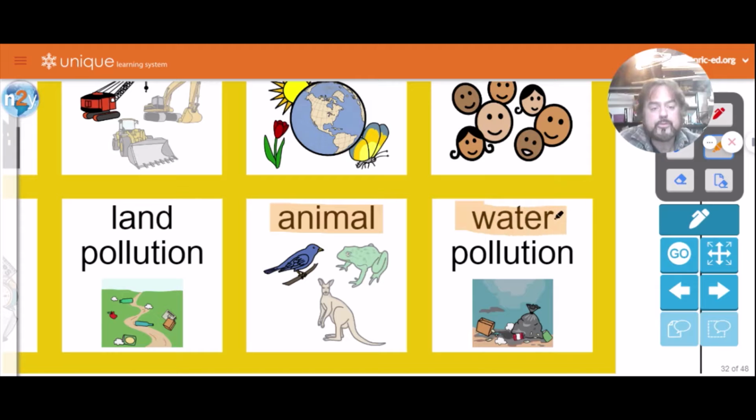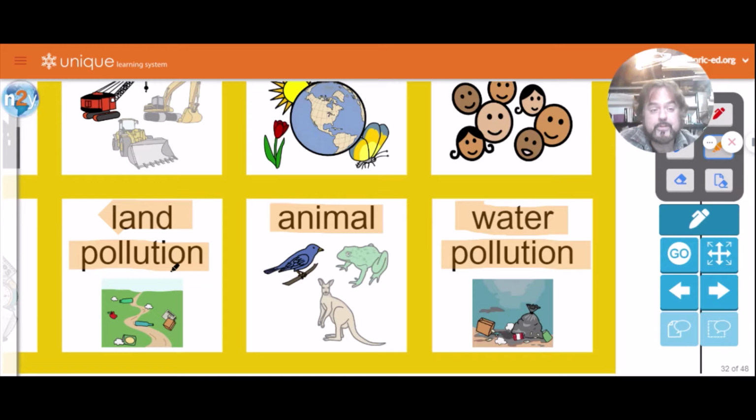Okay, water pollution. That's another vocabulary term. It's another term that's used in the story. All right, when people dump things in the water, put garbage in the water, it's not a good thing. Land pollution. All right, so you see land pollution a lot.